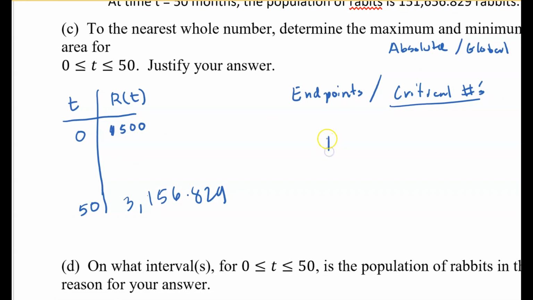Now what I'm also missing is my critical numbers. So where is B of t minus D of t equal to 0, because this is r prime of t? I have to find that.